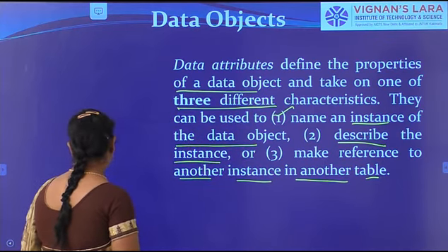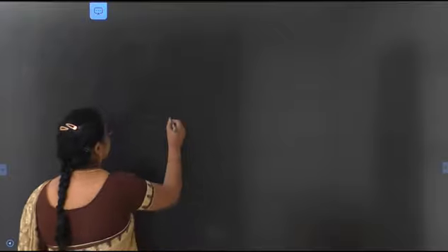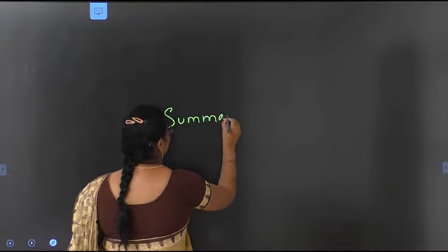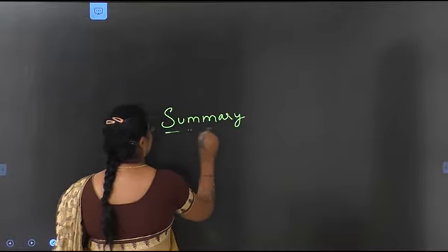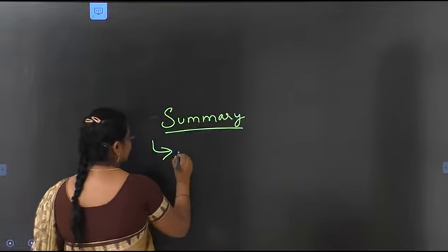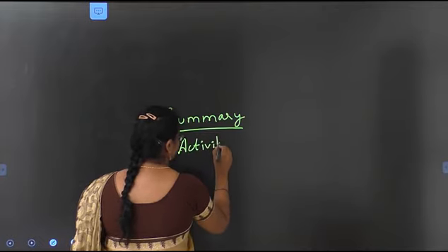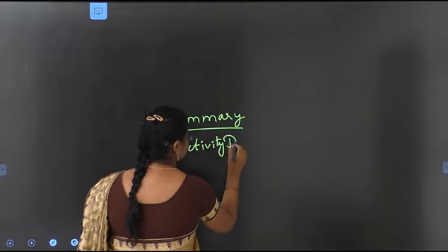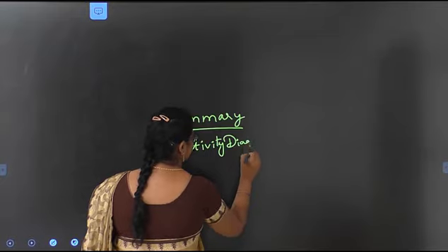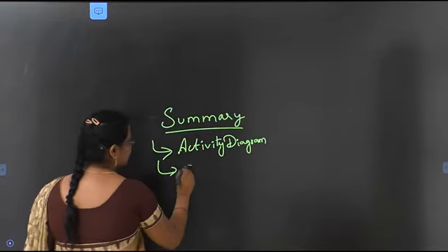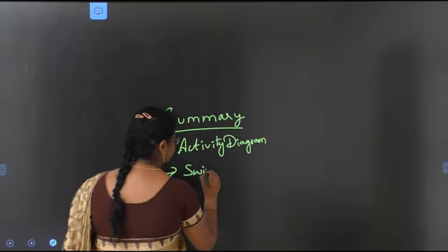So the summary of today's session is: we have seen the example for the activity diagram, and next the swim lane activity diagram.